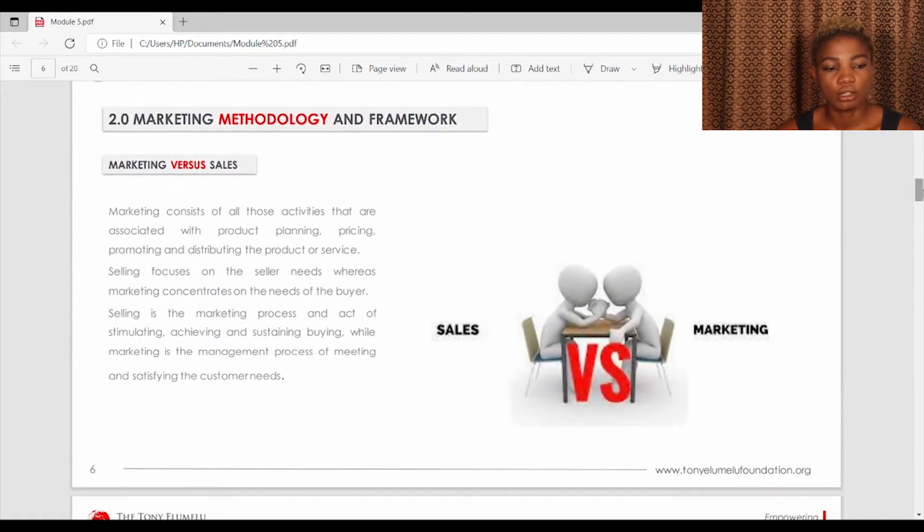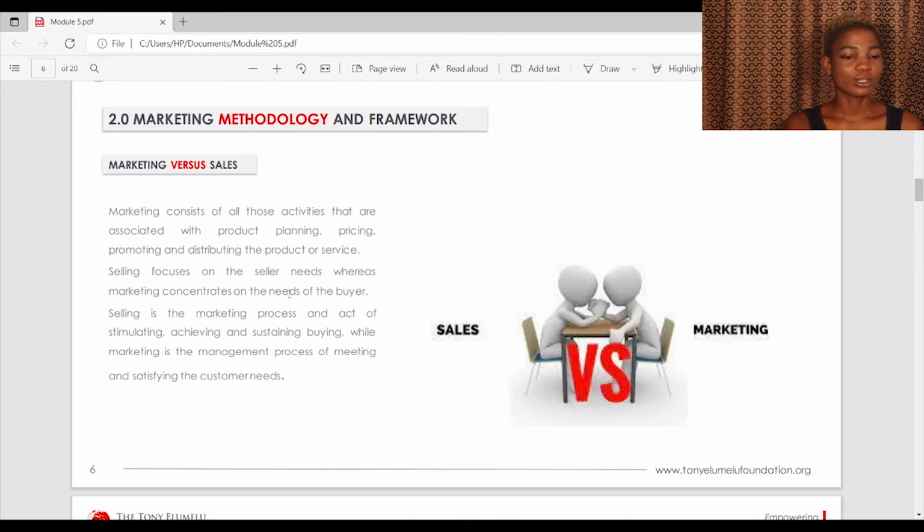Number 2, marketing methodology and framework. Marketing versus sales. Marketing consists of all these activities that are associated with the product planning, pricing, promoting and distributing of the product or services.